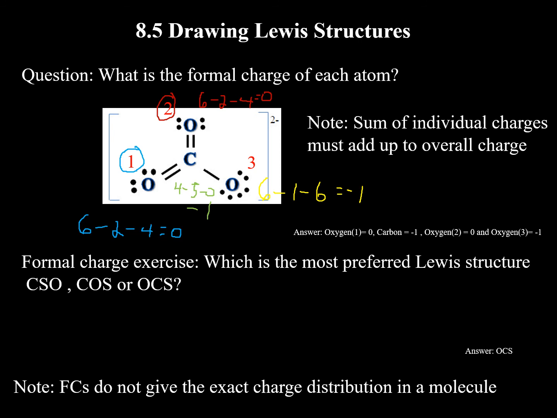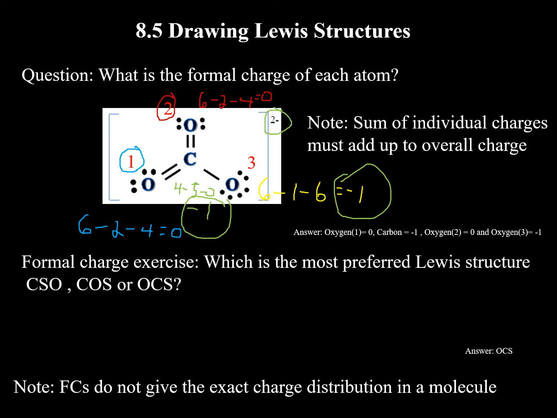The second thing is that the formal charges, -1 and -1, should add up to the charge of the overall molecule. So -1, -1 gives us -2. So this was just an exercise to calculate the formal charge.